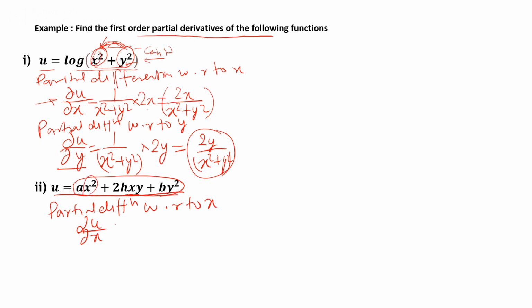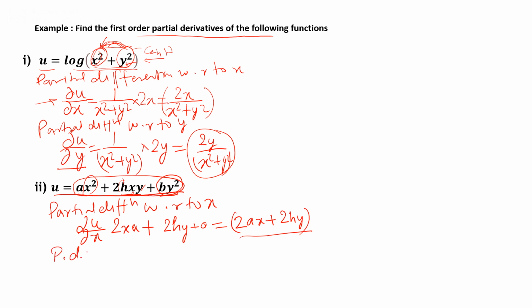The derivative of x square is 2x into a, plus, the h and y are constant, so the derivative of x is 1, so we write 2hy, plus, now this term is a constant, so its derivative is 0. So we get 2ax plus 2hy. So this is the partial differentiation with respect to x.